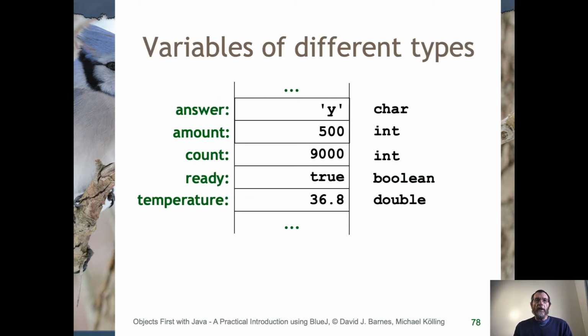So one way that we can visualize the memory of the computer is to say that we'll give names to some of its memory locations, and those names will be variable names.